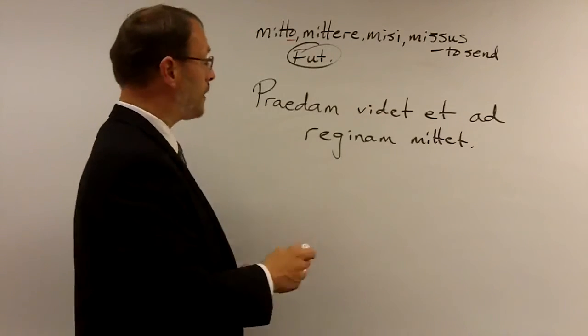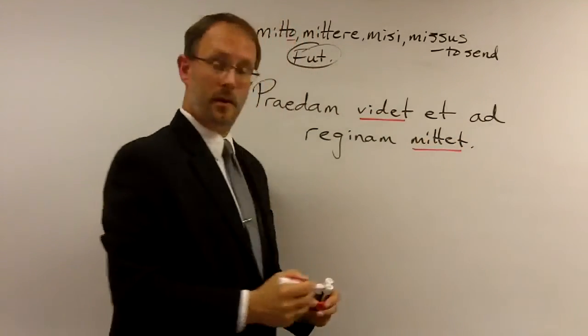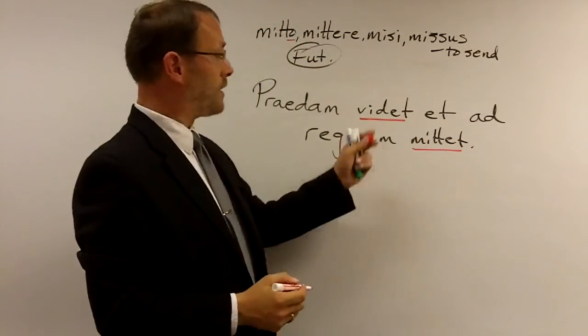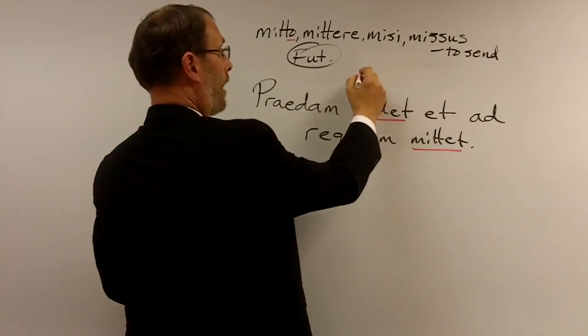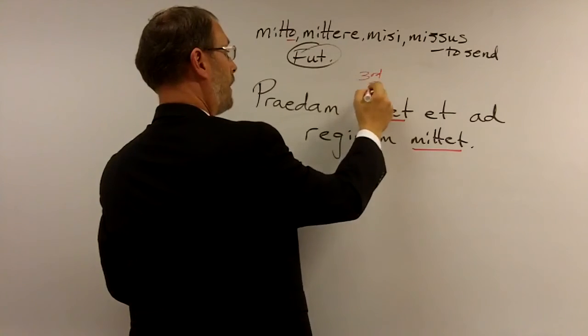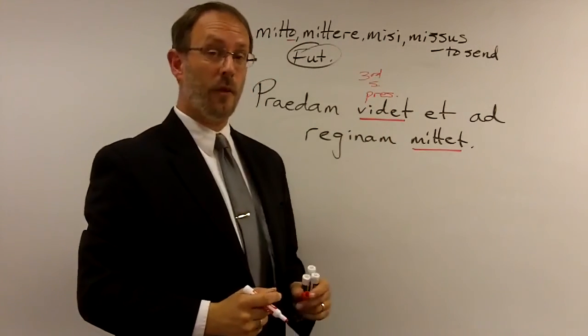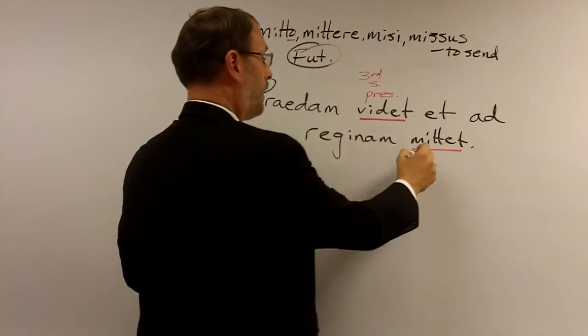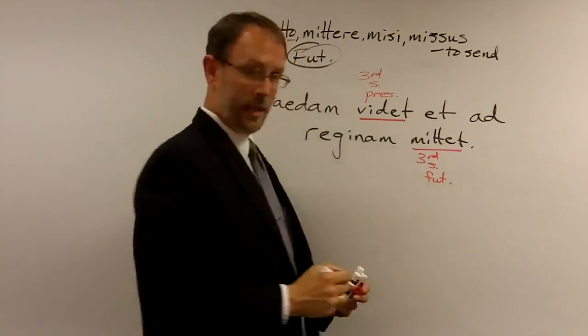What you should have done would be to underline videt and mittet, the two verbs. And since videt is a second conjugation verb, you would have identified that as third person, singular, present tense. But since mittet is third conjugation, it's third person, singular, future tense.